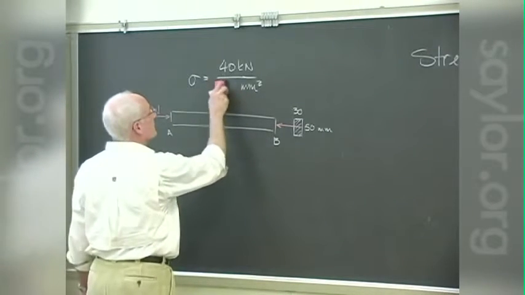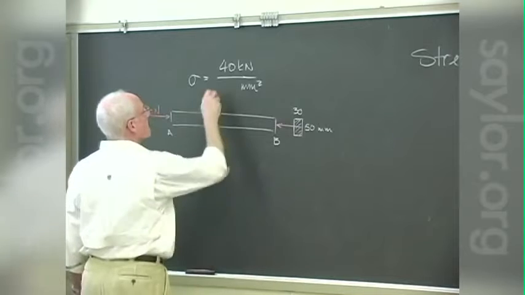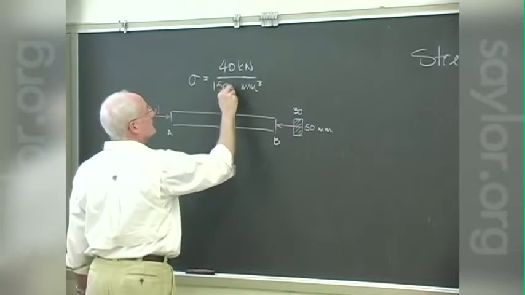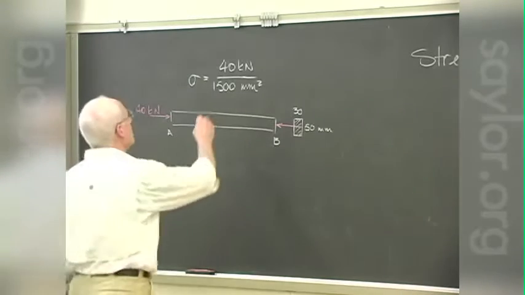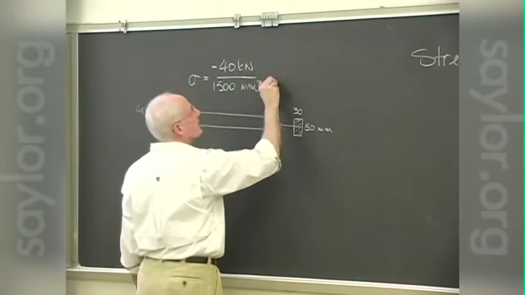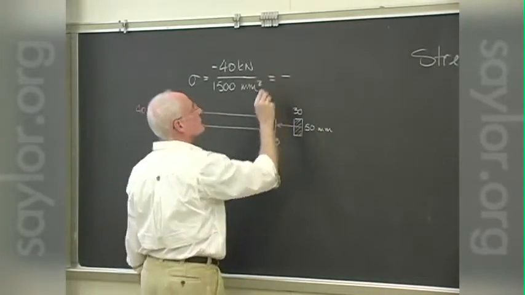I don't know where that came from. 1,500? Looks a little better. So the compressive stress in that one, we'll give it a minus sign to indicate compression if we need to.